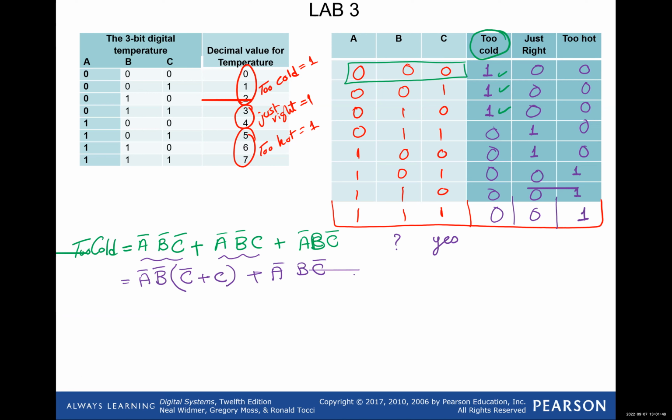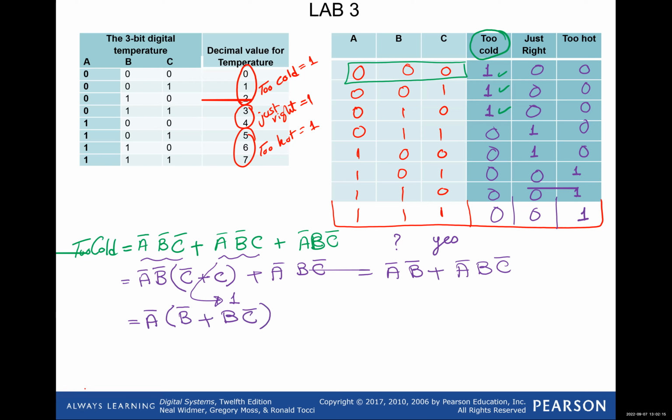And therefore, we know that this is going to equal 1. So I have A complement, B complement, or with A complement, B, C complement. Okay, now I can take the A complement as a common factor between those 2. So it will be A complement, and we're going to have B complement or with the B, C complement.